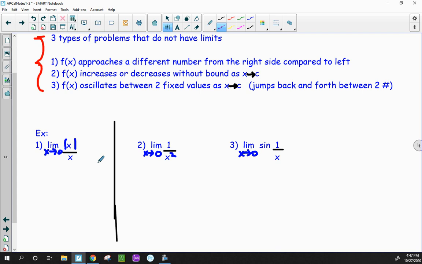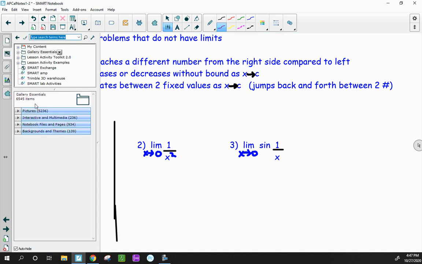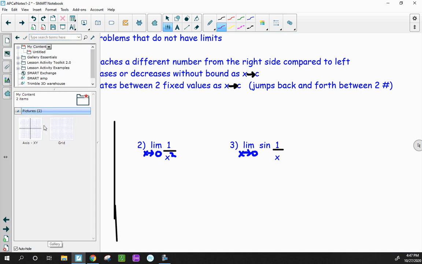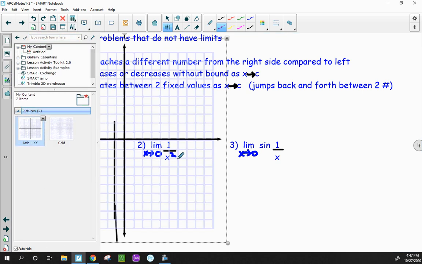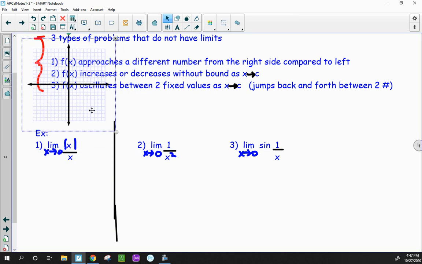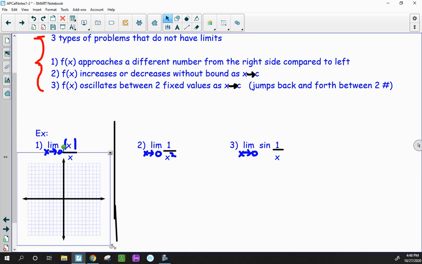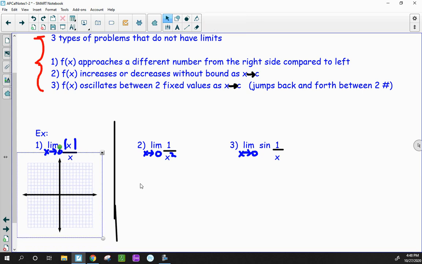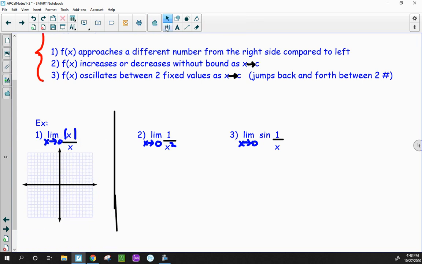And then you're going to graph. Okay, and when you did that just now, you should have gotten that picture on your screen.